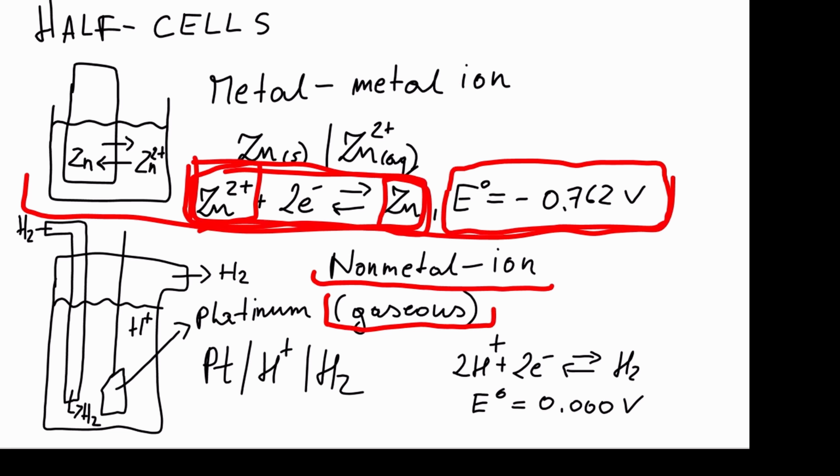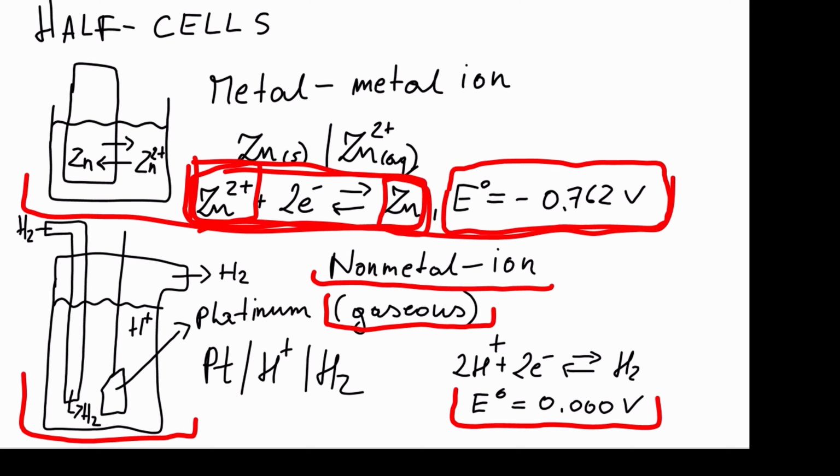This type of half cell is, for example, the hydrogen half cell. The standard potential of the hydrogen half cell, as you know, is established as 0 volts. And here you have a figure of this hydrogen half cell.